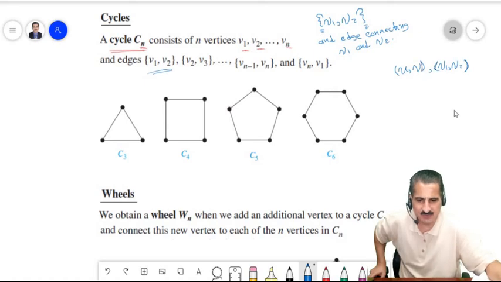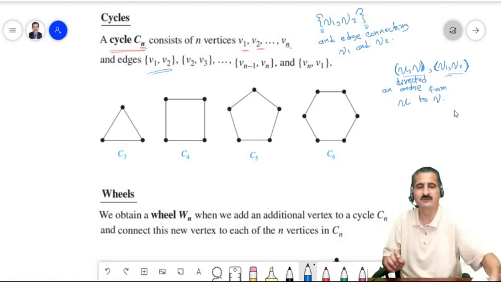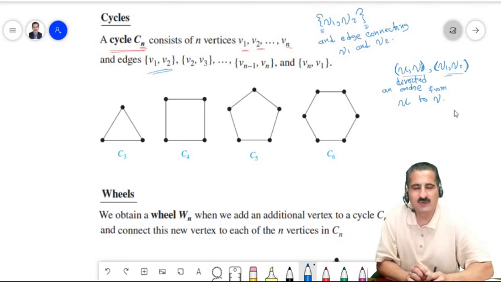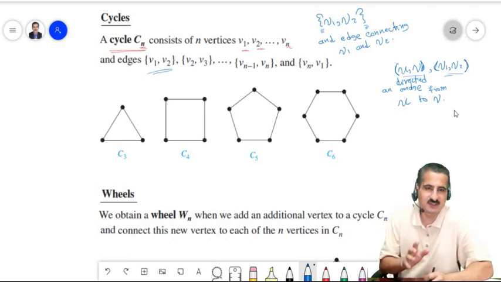This is still an edge, but it is a directed edge, and it goes from U to V, or from U1 to V1. So be aware of the notation of the edge once the graph is directed or undirected.